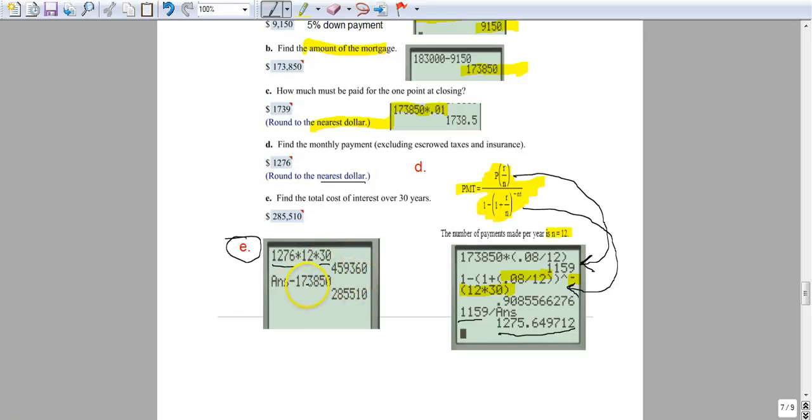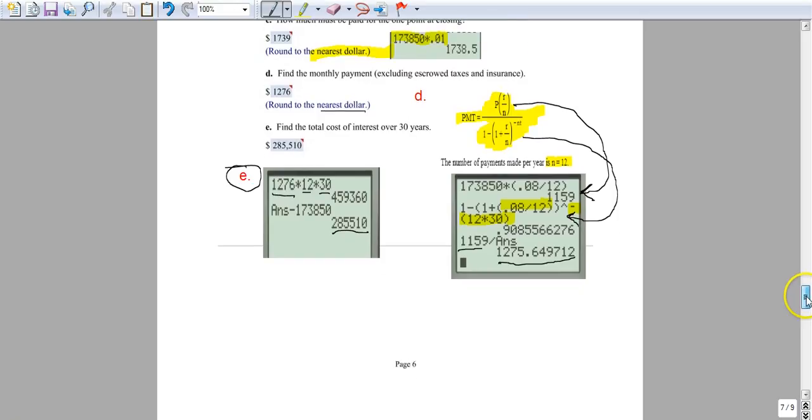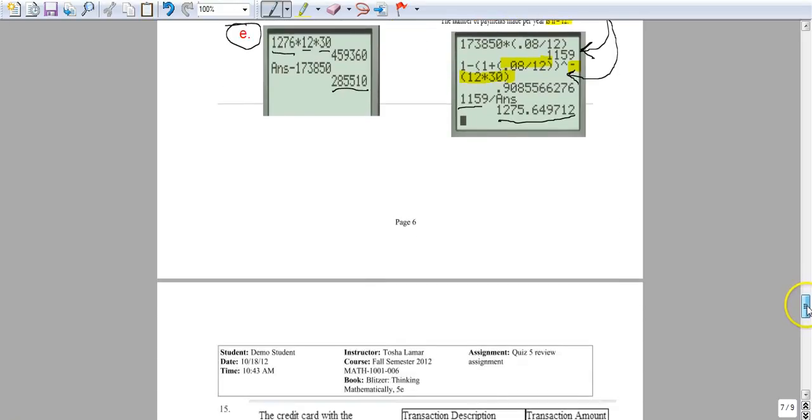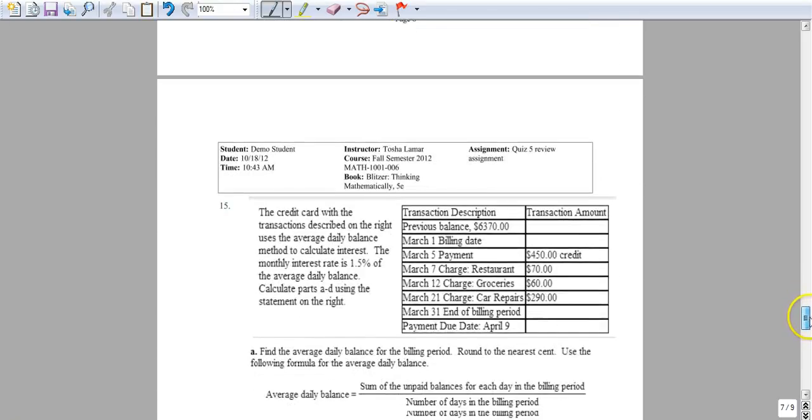So from that, I need to subtract the original amount of the mortgage, $173,850. That means over the life of this mortgage, I've paid $285,510 in interest. So that kind of shows how much it does help to pay extra on your monthly payment. You get finished a lot sooner and you don't pay as much interest over the life of the loan.